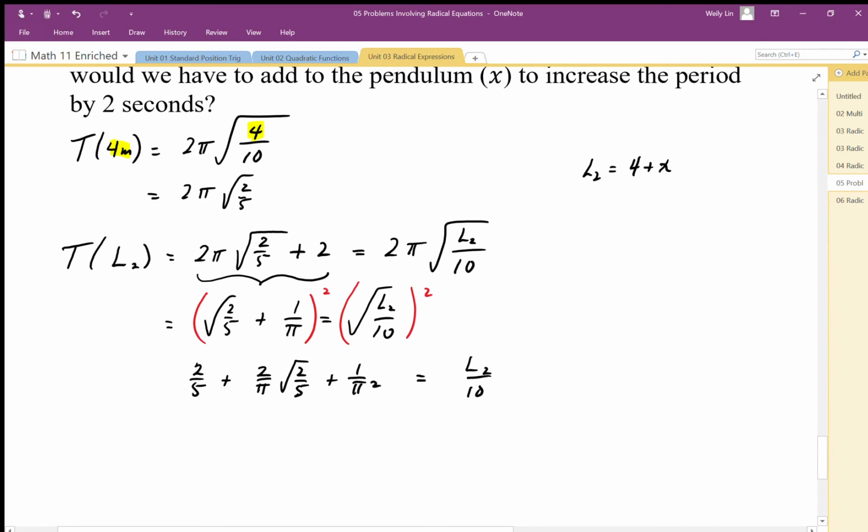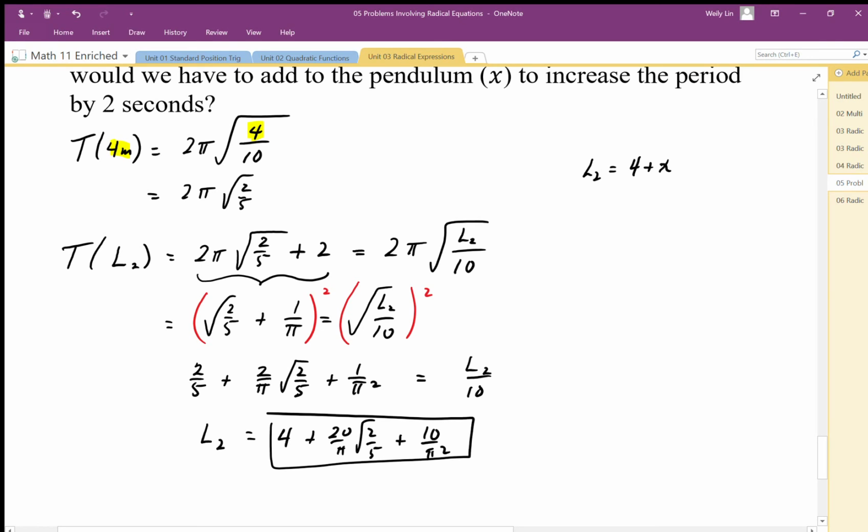Okay, I'm going to solve for L2. L2 is equal to, multiply everything by 10, so I end up with 20 over 5, just write that as 4, plus 20 over pi root 2 over 5, plus 10 over pi squared. Okay, so there's my new length.